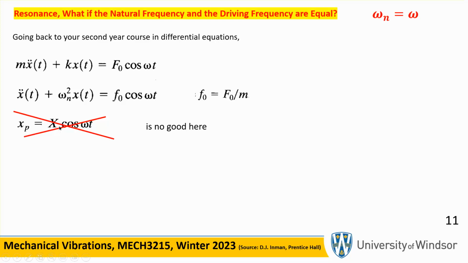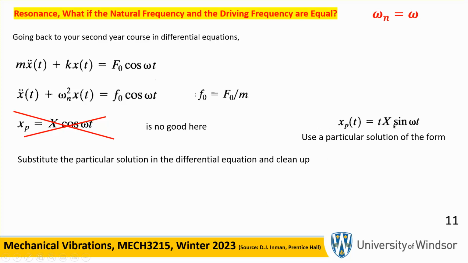Now, that solution that we guessed is no good anymore. Remember, we guessed a particular solution of the form big X cosine of omega t. And then we plugged in cosine of omega t in here and differentiated twice, plugged it in there, and solved for big X. You can't do that anymore. You can try it. That's no good. However, this one will work. Remember, these things were covered in your second year differential equations course. I'm just reviewing these, and we use it.